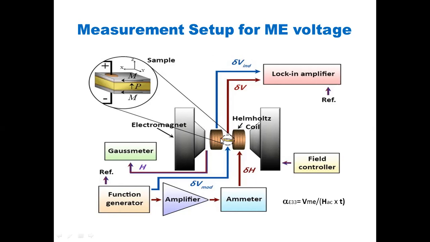And the magnetic field produced by these two electromagnets will be in the horizontal direction at the middle. Then these two ring type structures are the Helmholtz coils, and through these Helmholtz coils we are supplying the AC current.